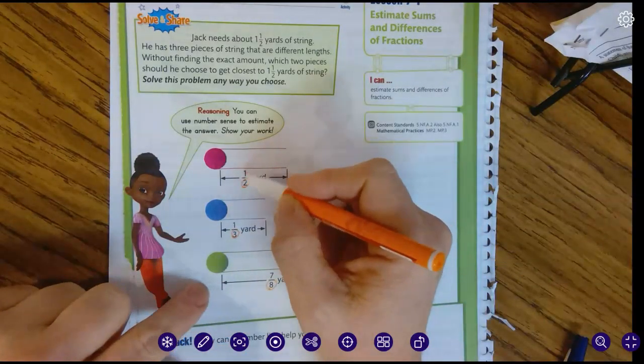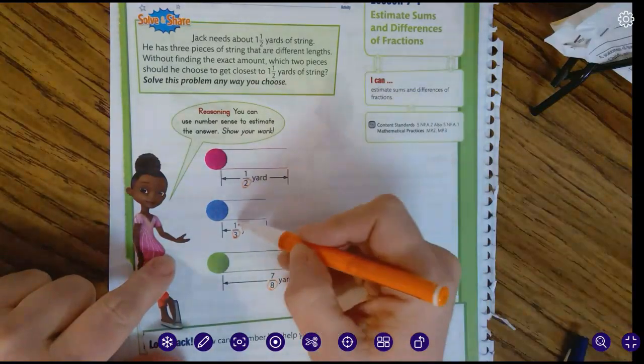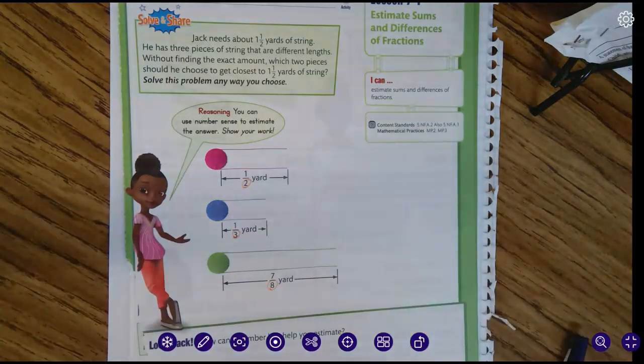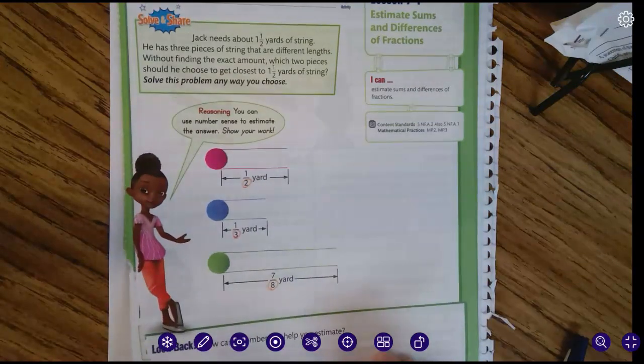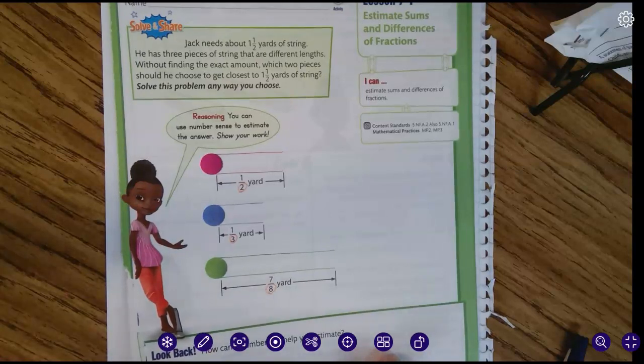Now, the number on top tells you how many you're dealing with. So this is 1 of the 2, this is 1 of the 3, and this is 7 of the 8. All right, what we're working on today is estimating sums and differences. That means the addition and the subtraction using fractions.